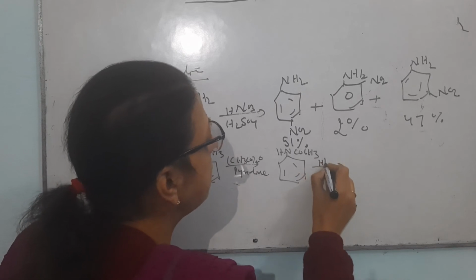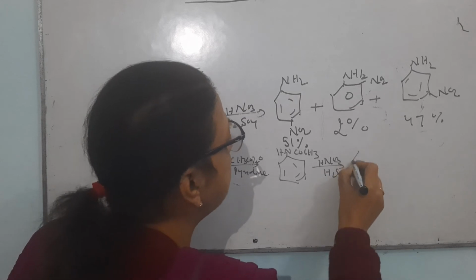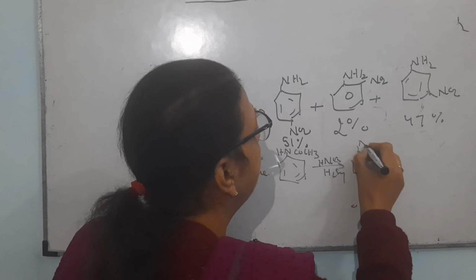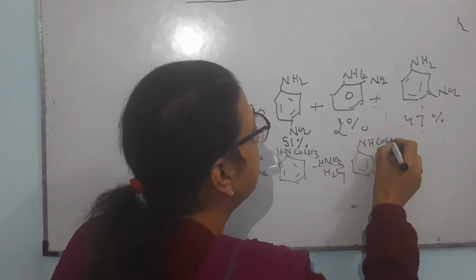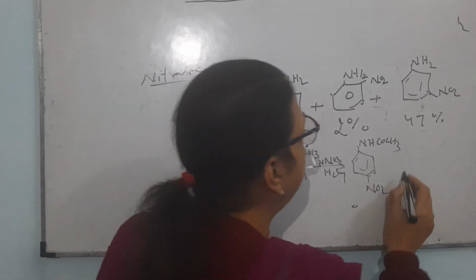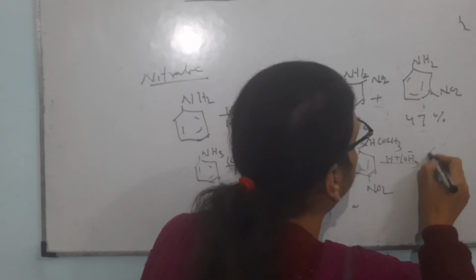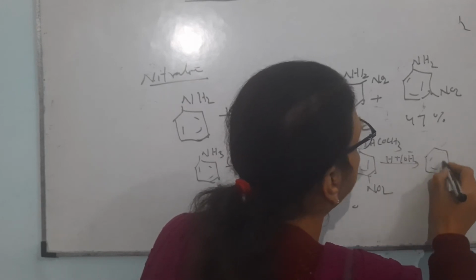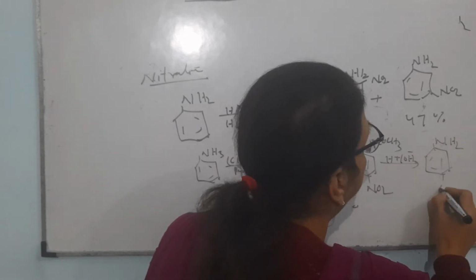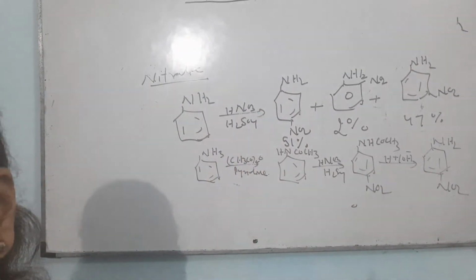Later on the reaction is done with HNO3 in the presence of H2SO4. There will be formation of again NH, CO, CH3, and at the para position this nitro group will take, and when the reaction is done with H positive and OH negative, there will be formation of NH2 and the para isomer will be obtained.